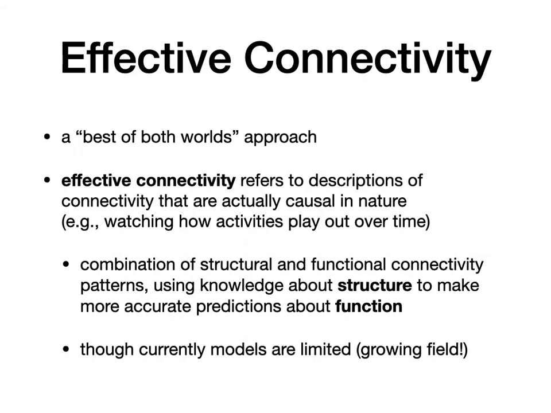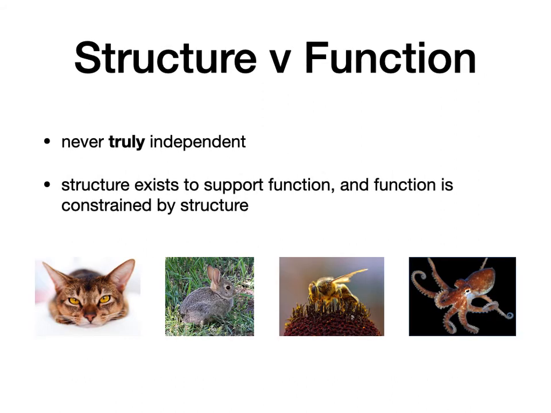So, structure versus function. They're never truly independent, right? Structure exists to support function, and function is constrained by the structure. Think about various animals, right? They all have similar structures. They all have things like, say, eyes, right? They all need the function of eyes, but their eyes work a little differently.